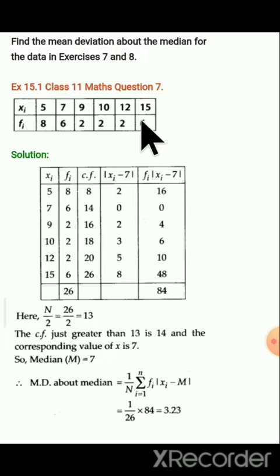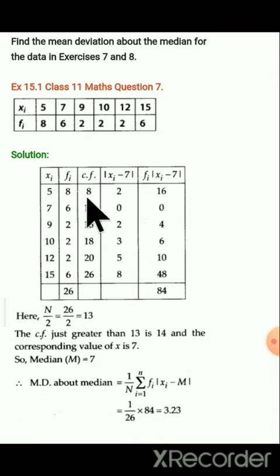So next, first write down the formula for mean deviation about median. To find out that one, first we need the value of capital M. Next we need the mean deviation about median formula, that is 1 by n into summation of fi into |xi minus M|. So by using these two formulas we can find the value of mean deviation about median.